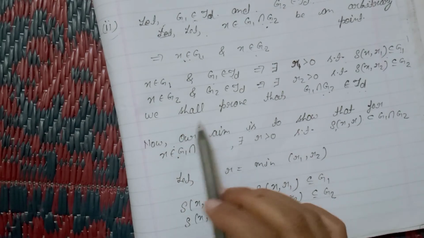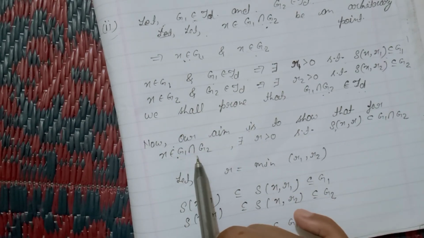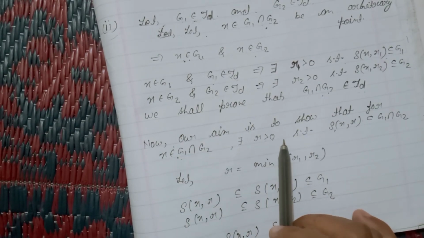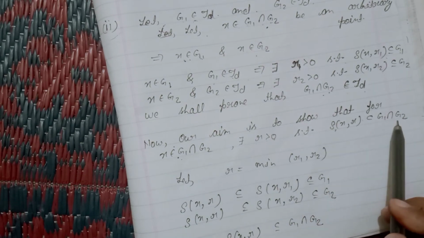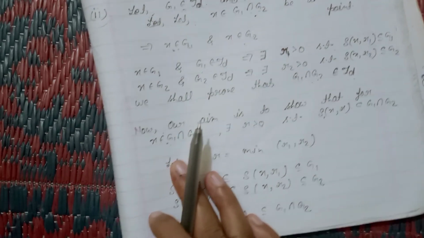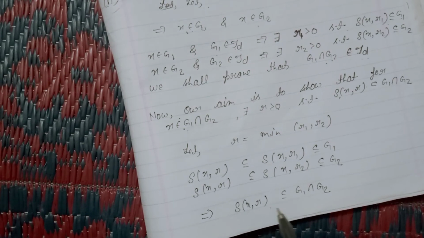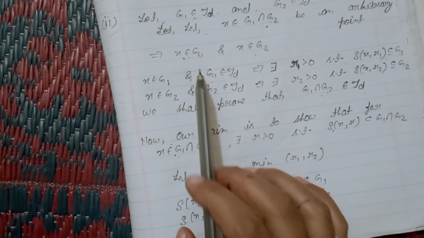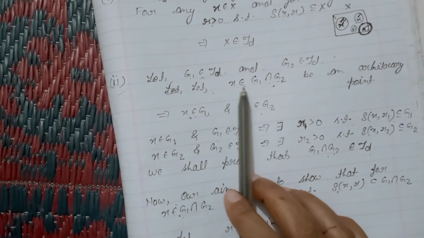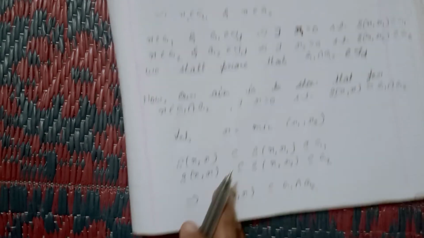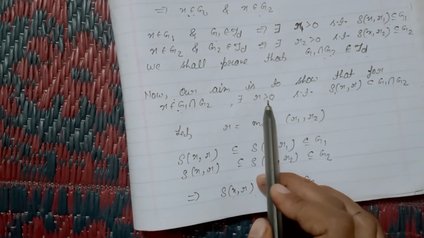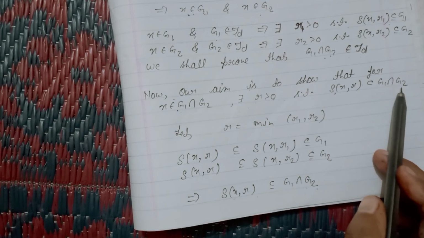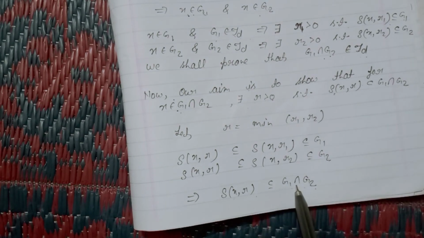And what have we shown? We have shown that for x belongs to G1 intersection G2, there exists r greater than 0 such that S(x,r) is contained in G1 intersection G2. Right?